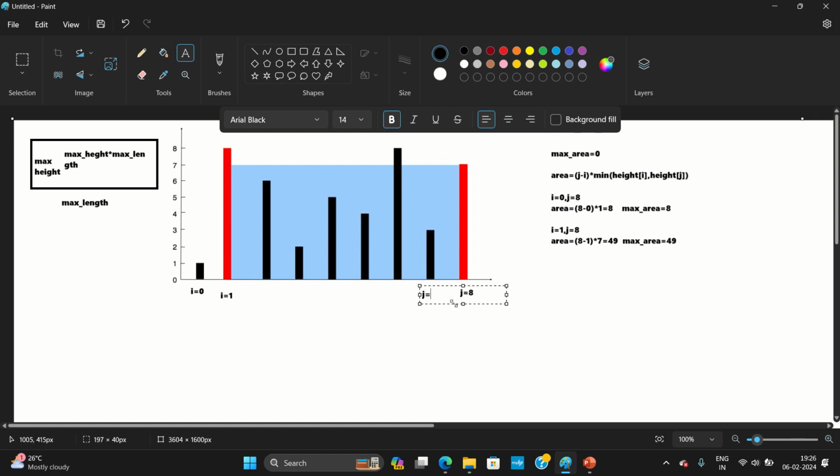So J is equal to 7. J moves one step back. Although it doesn't find a better height, it has moved one step backward in trying to find one. It may not reach a better height every time, like in this case, but we will be calculating the area in all the cases.